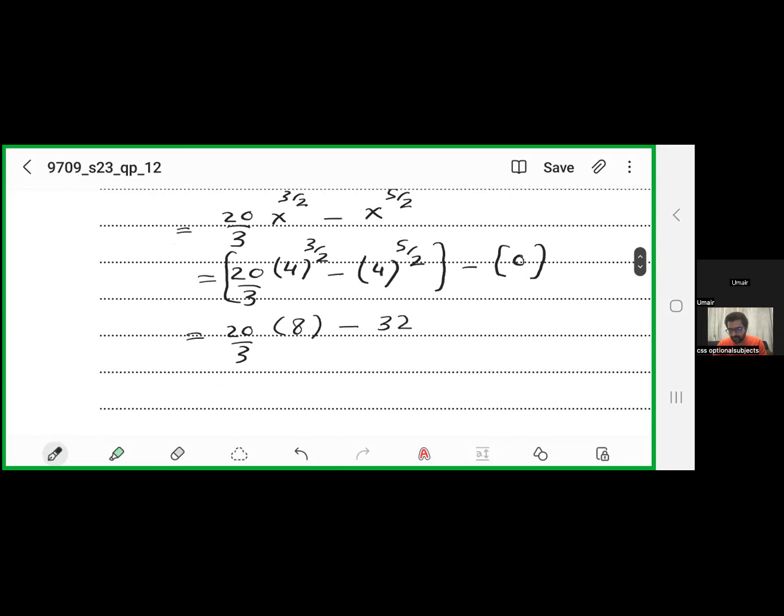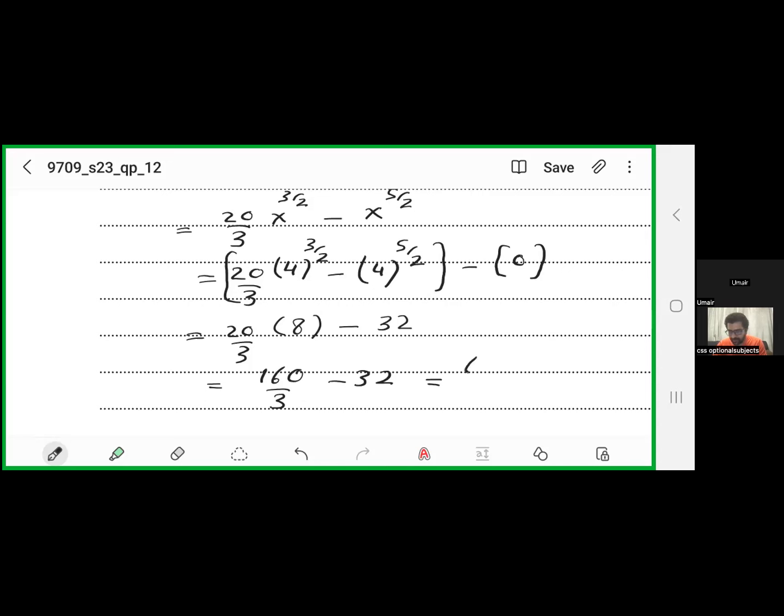So your answer will be 20 over 3 times 8, 160 over 3, minus 32. If you take the LCM, 32 multiplied by 3 is 96, so 160 minus 96.